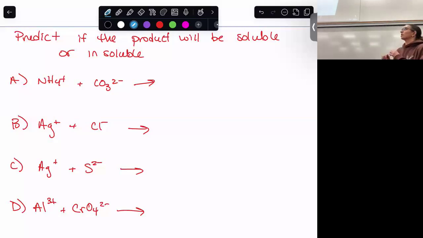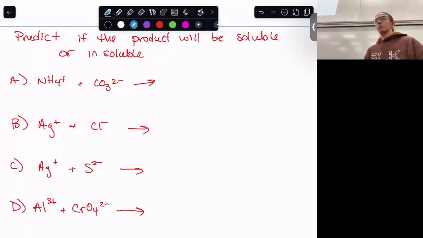Okay, did we predict a product for ammonia and carbonate? Yep, for A. It should be soluble. And what's the compound that gets formed?